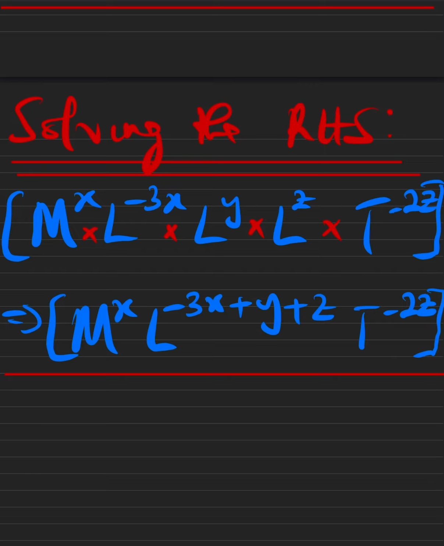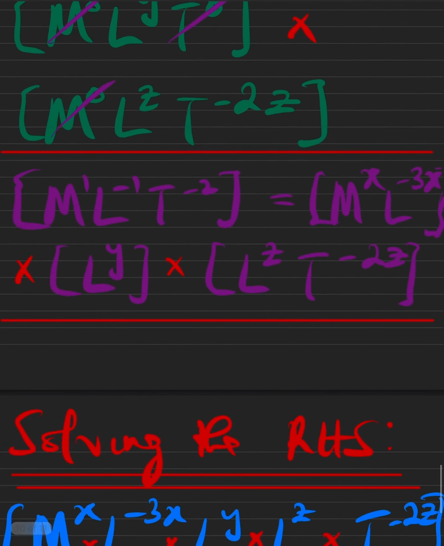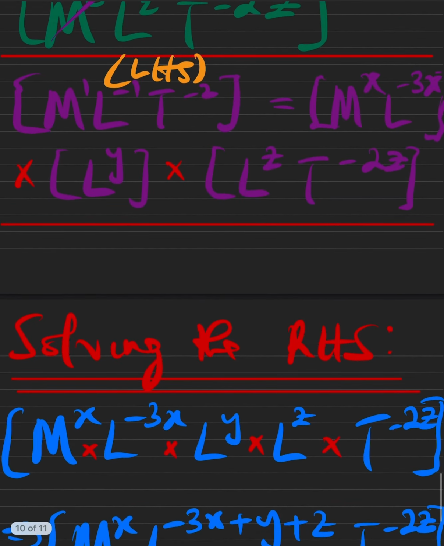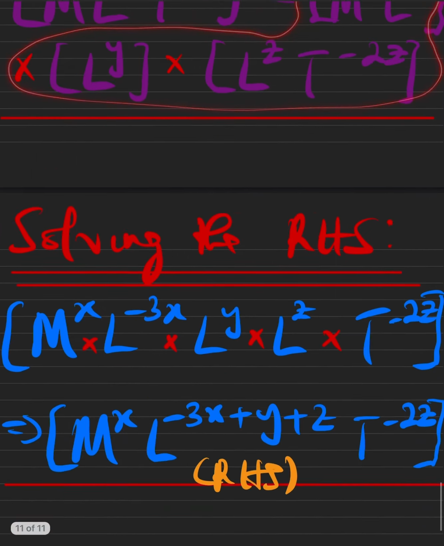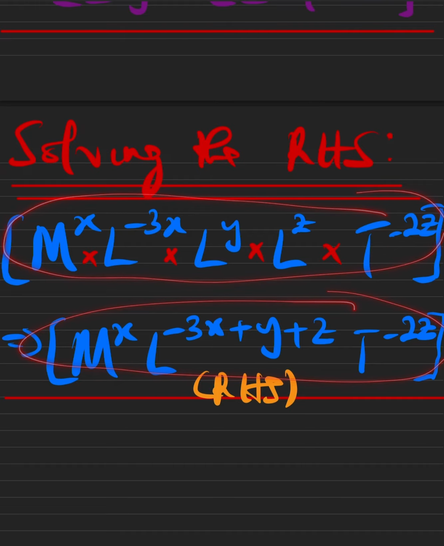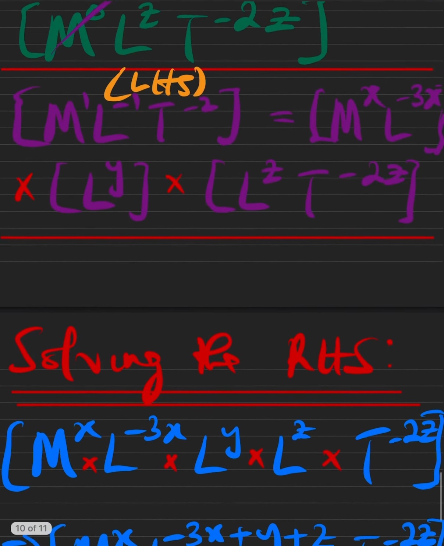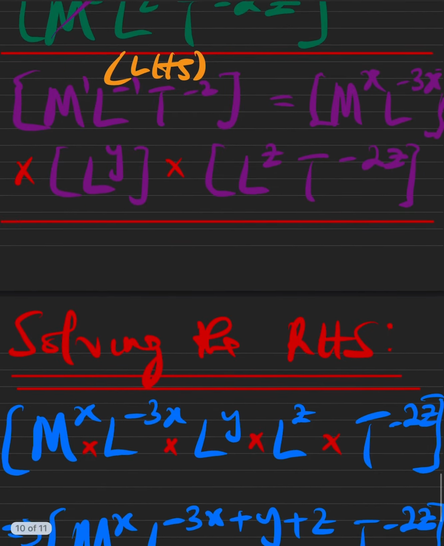Don't forget what I've just done here is the right hand side, right? This is for the, let me put it there, right hand side. So this is still the left hand side. I've just compressed because of this lengthy ones that we have here, I brought it together here and then I apply indices to it here. So that is all I have done. So you can now make the left hand side to be equals to the right hand side, right?